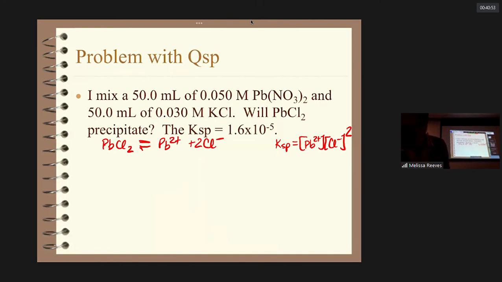So if I have 0.05 molar lead 2 plus in my first solution, that's my initial molarity. I'm going to multiply it by my initial volume over my final volume.